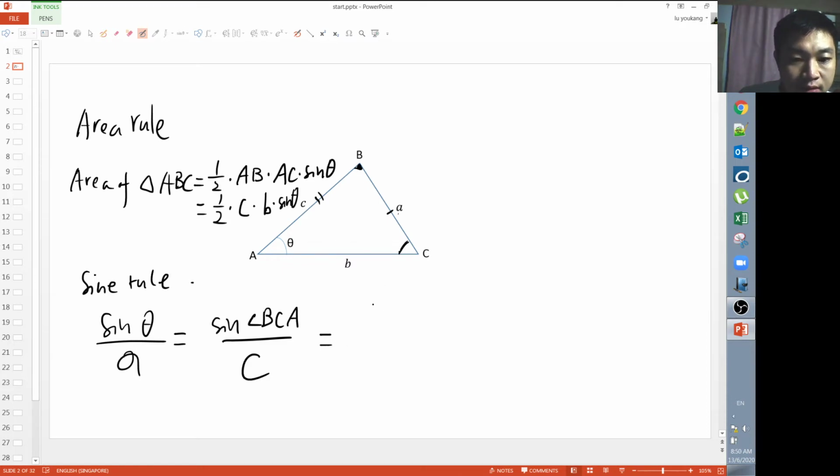Sine of angle ABC, and the opposite side to this angle ABC is your side B. Okay, so I'm making use of the ratio here.